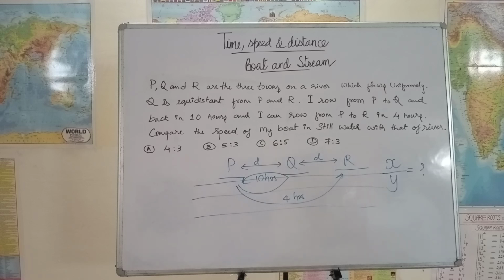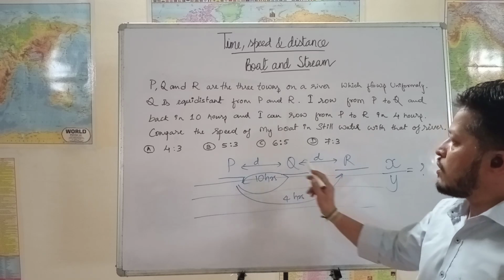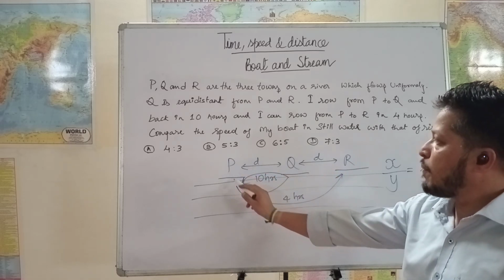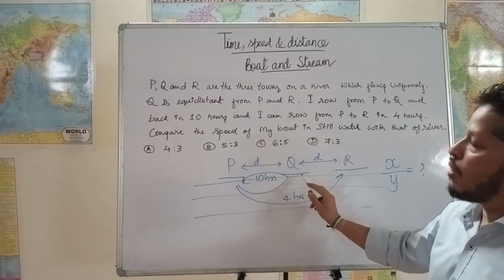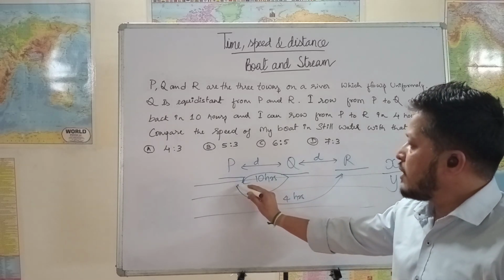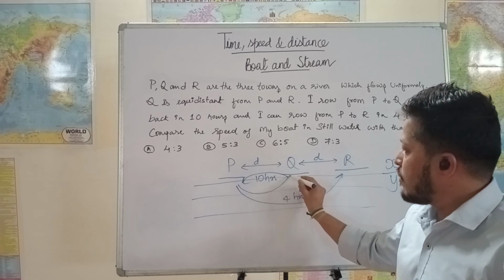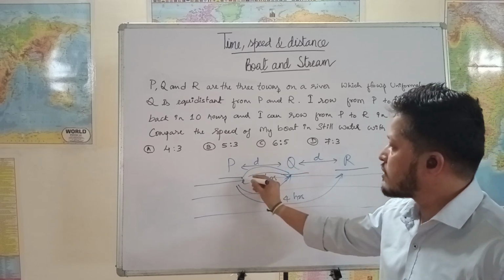So let's see here, if these are at equal distance, and I am able to travel from P to R in 4 hours, that means I can travel from P to Q in 2 hours. While returning I might have taken 8 hours.